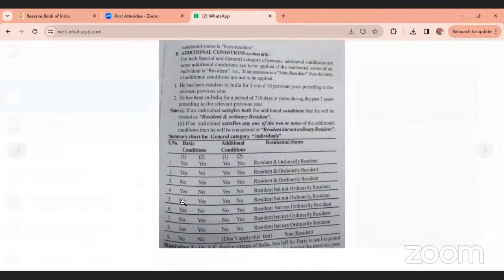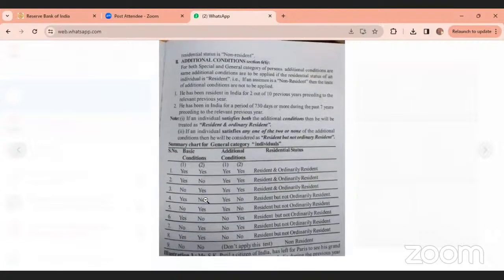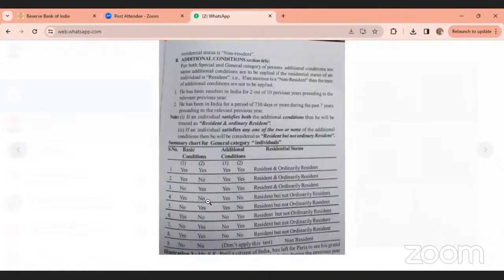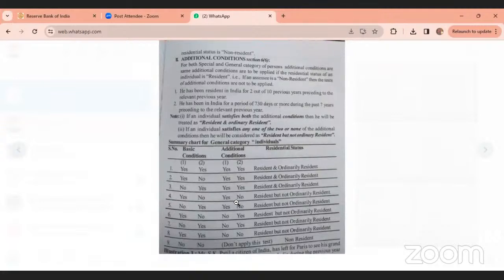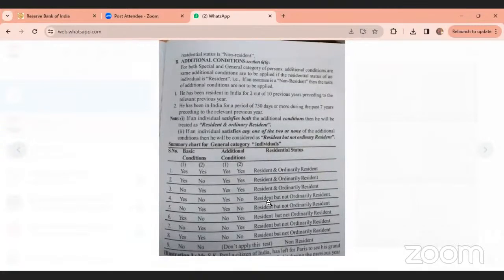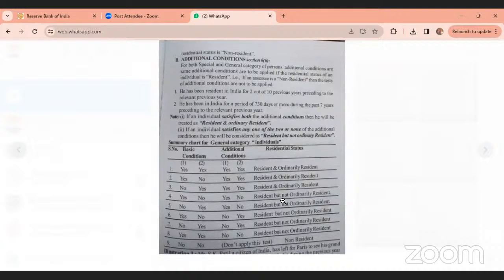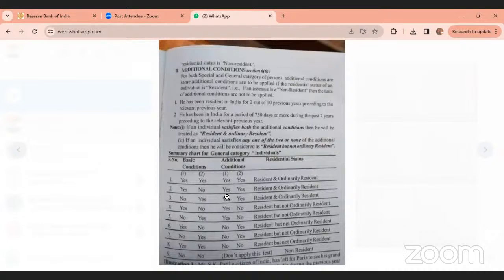Next, what? Fourth point, he satisfied only one of the basic conditions, that means the second basic condition, and only one additional condition satisfied. That means that person is called resident but not ordinary resident. What is the overall meaning?